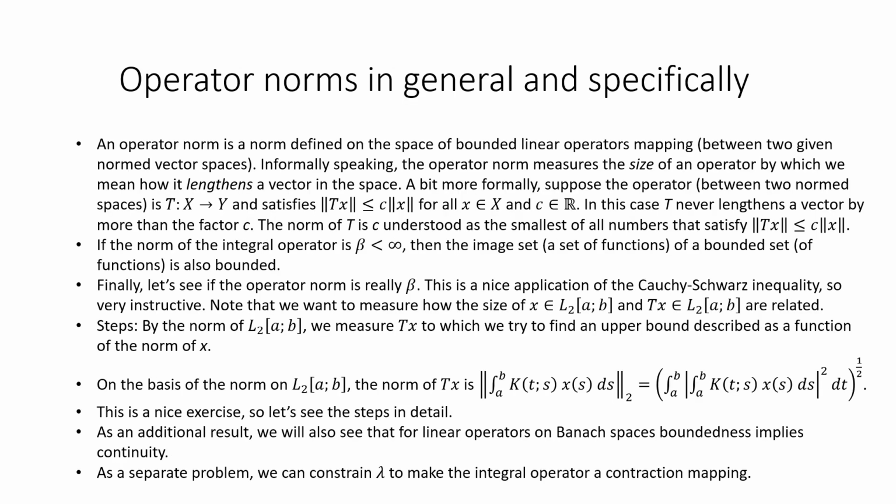An operator norm is a specific norm which is defined on the space of operators. By operator norms we can measure the maximum by which the given norm lengthens points in the space, actually functions in a function space.